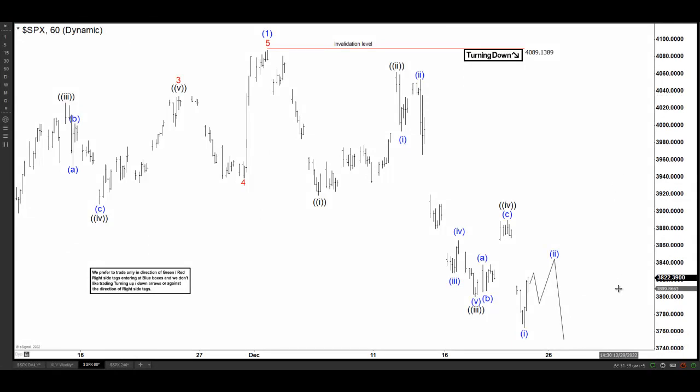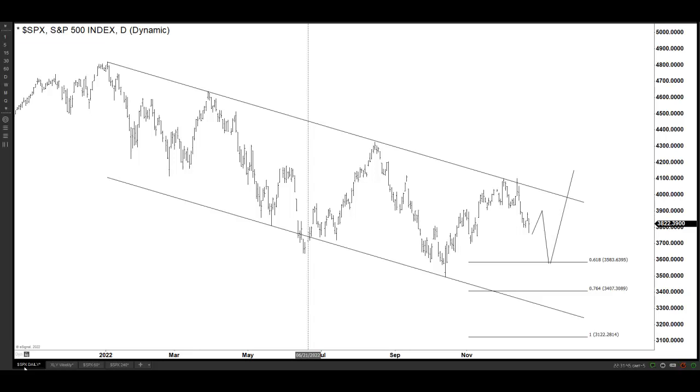Now, the market, especially the S&P, this is the daily chart of the S&P, right? You can make the case that the S&P is doing 1, 2, 3, 4, 5, 3, 1.